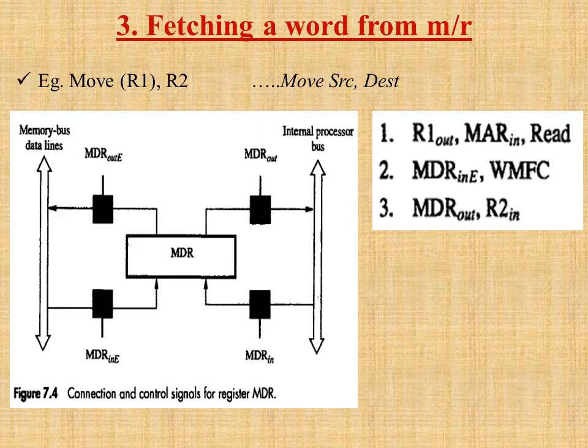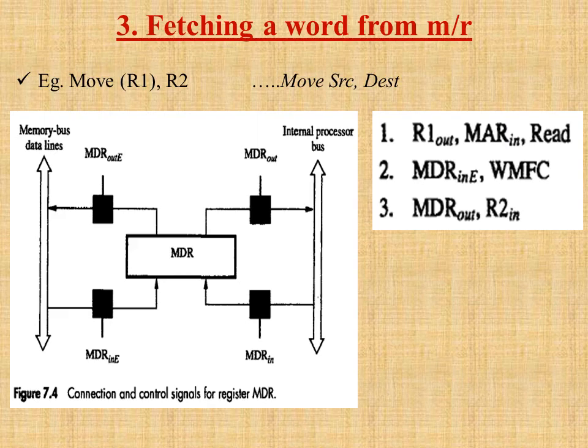We will start from the right hand side. On the right hand side, the MDR out is used as a switch to connect the MDR register to the internal processor bus, and the MDR in is used to connect the MDR register to the internal processor bus. The in and out functionality remains the same.